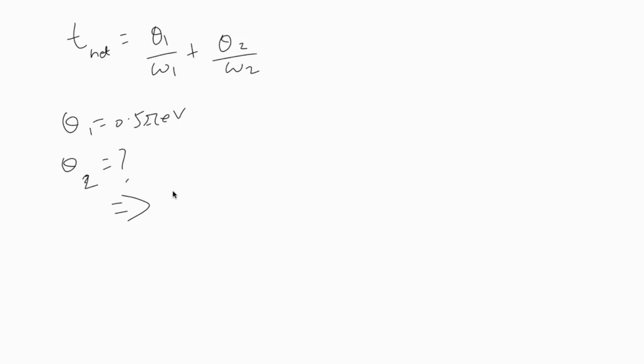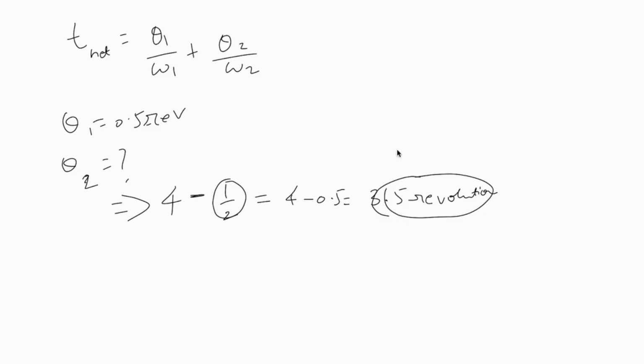With that in mind, I can write theta 2 as 4 minus 1 by 2. This 1 by 2 is the sum of the first and the last quarter. So we get 4 minus 0.5, which can be written as 3.5 revolutions, and theta 1 equals 0.5 revolutions.